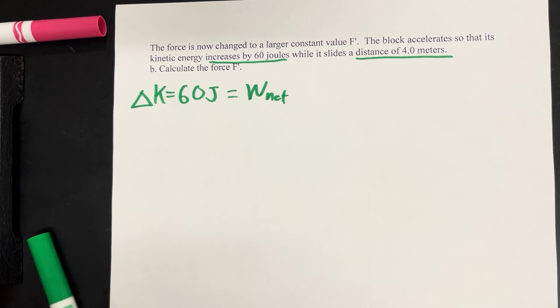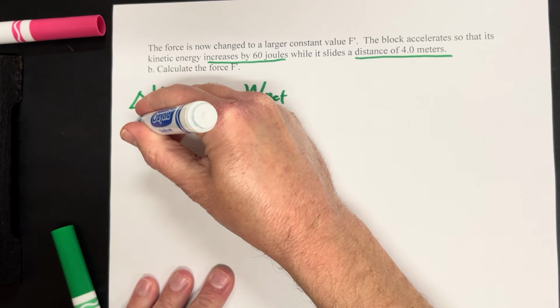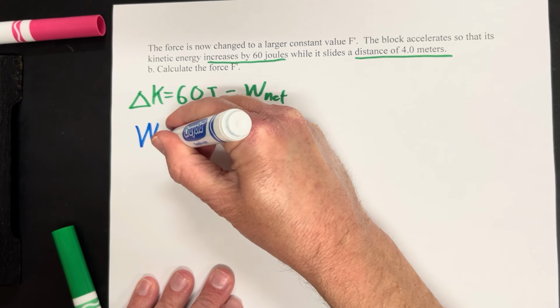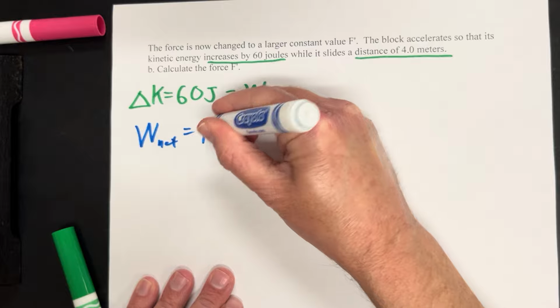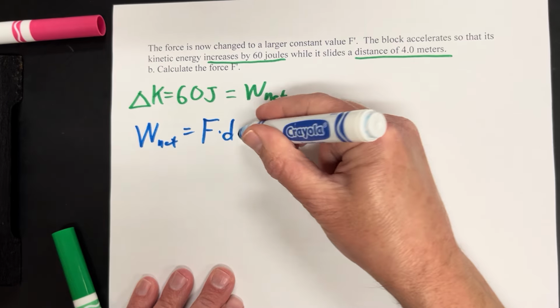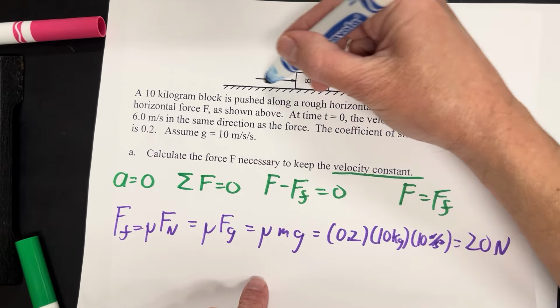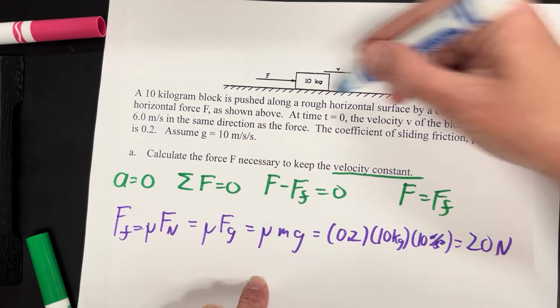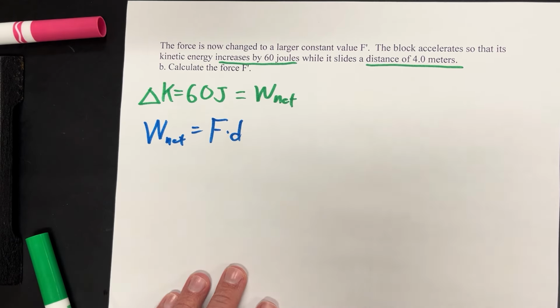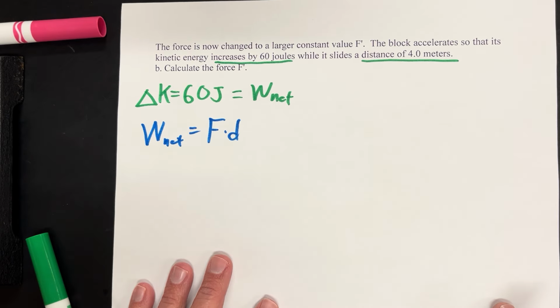Also, net work is equal to force times distance, technically times cosine of theta, but if we are pushing this way and it's moving this way, then the angle is 0 and cosine of 0 is 1. So we can just ignore that part when we push straight on.